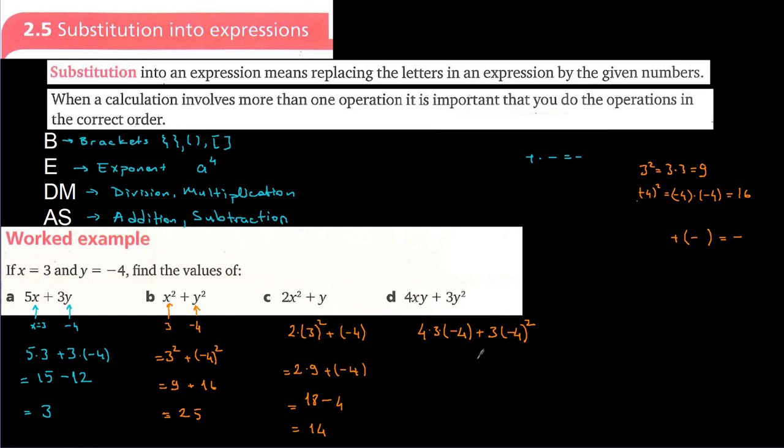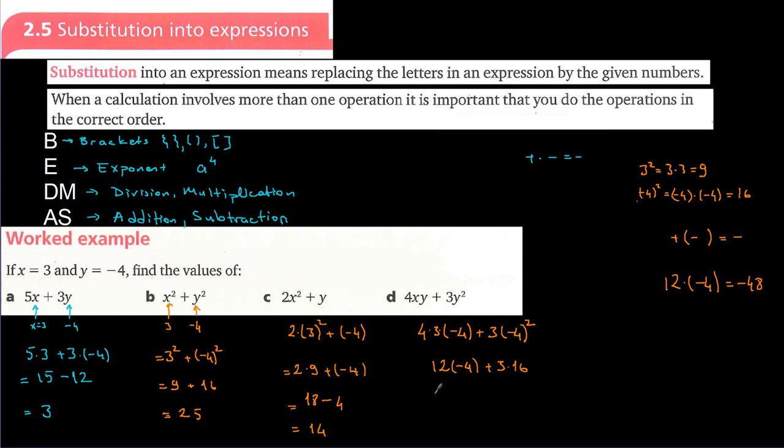And 4 times 3 is equal to 12, times minus 4, plus 3 times minus 4 square. First I'm going to get minus 4 square, which is equal to 16. I showed here why it's like that. So 12 times minus 4 is going to be equal to minus 48.